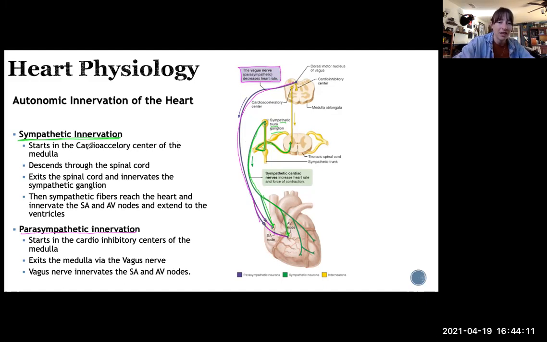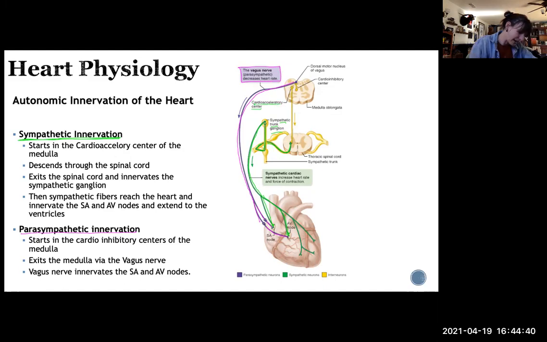So the sympathetic innervation starts in the cardioacceleratory center. Cardioacceleratory, which is spelled wrong here. I will fix that. Making myself a note here. We still have green going on, I hope.